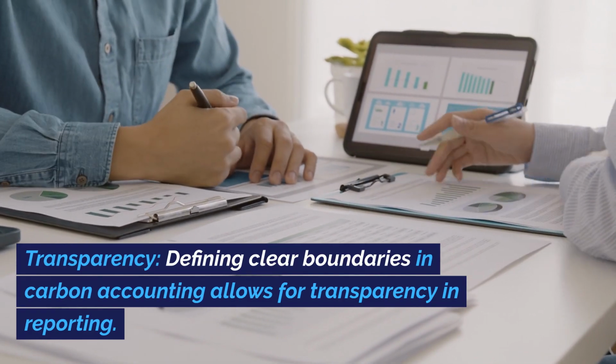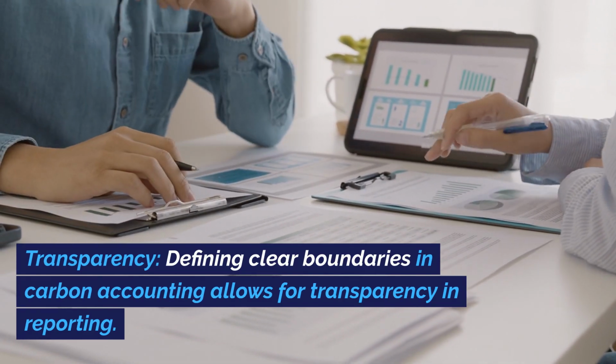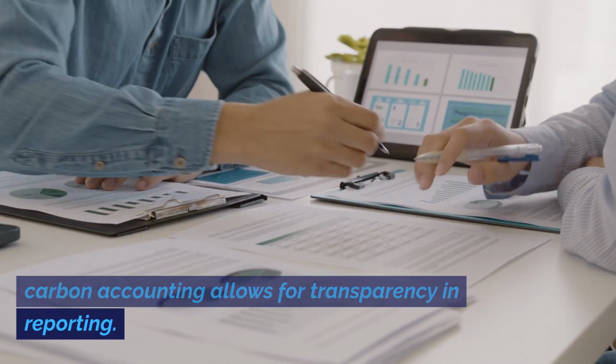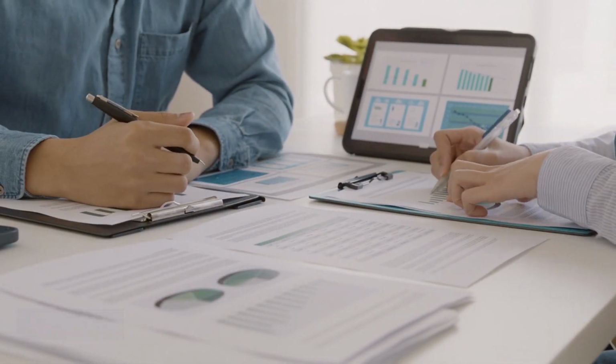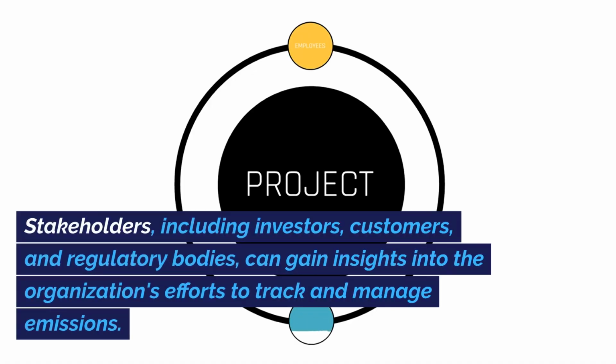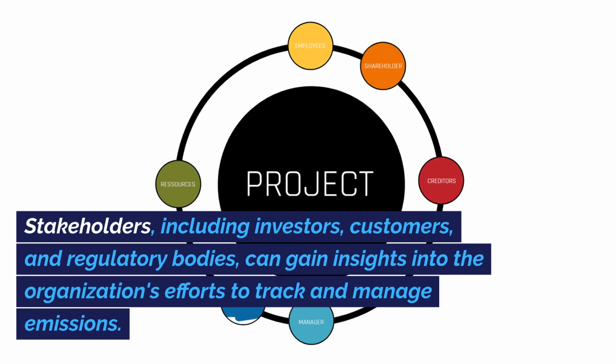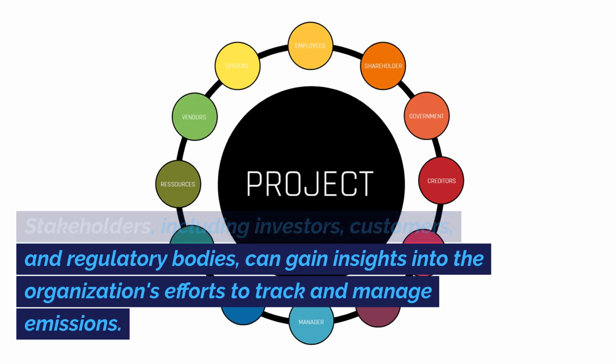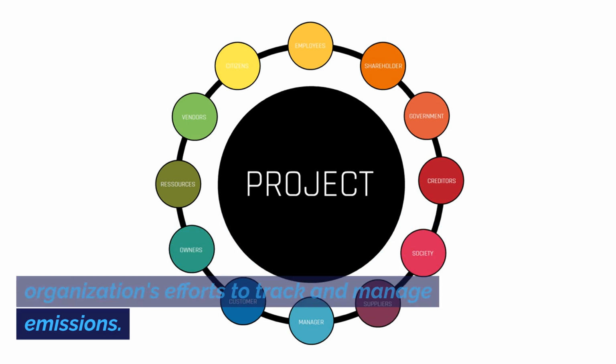Transparency. Defining clear boundaries in carbon accounting allows for transparency in reporting. Shareholders, including investors, customers, and regulatory bodies, can gain insights into the organization's efforts to track and manage emissions.